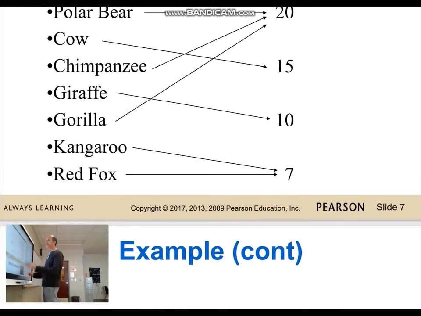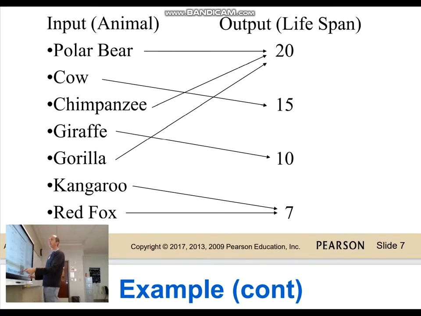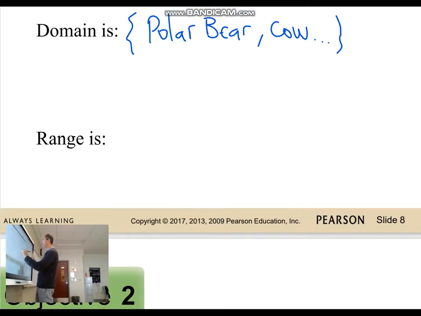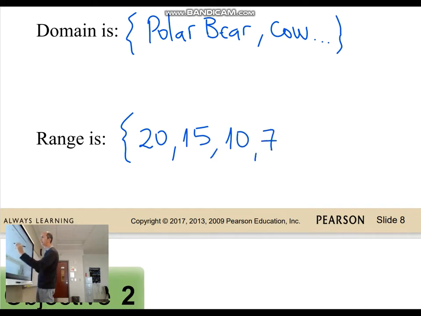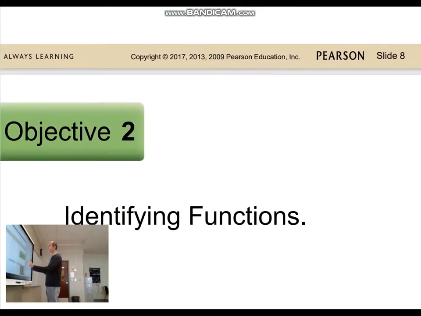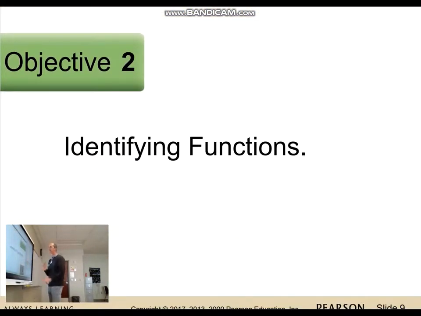All this is the domain. And the range: 20, 15, 10, and 7. Okay? Just simple examples to understand what is domain and what is range.